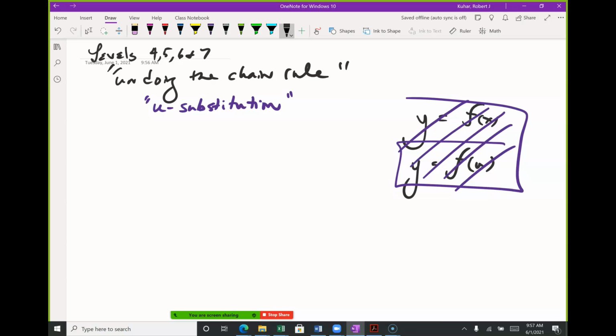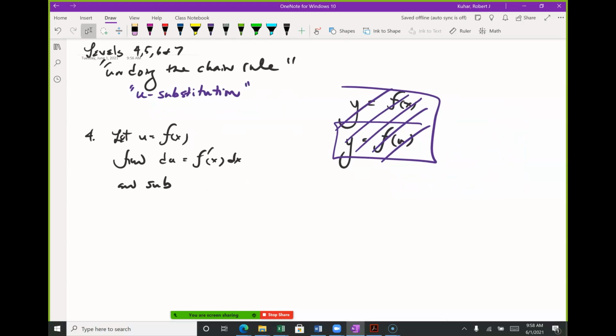So the first method is let u be f of x. Find du is f prime of x dx. And sub.